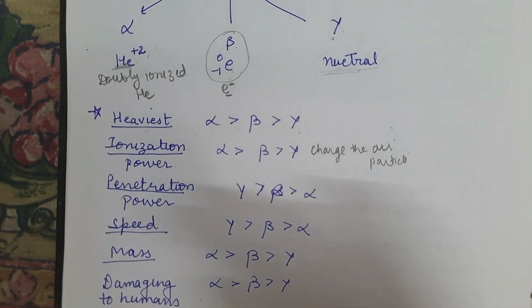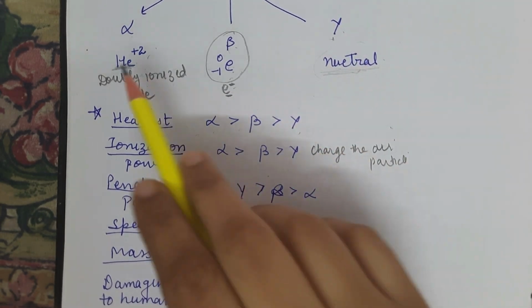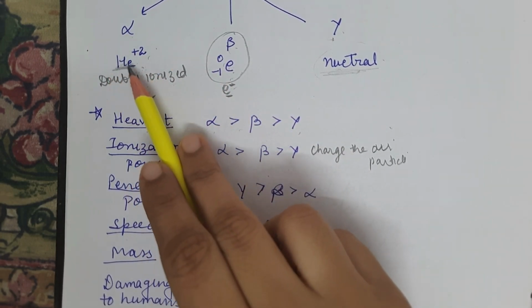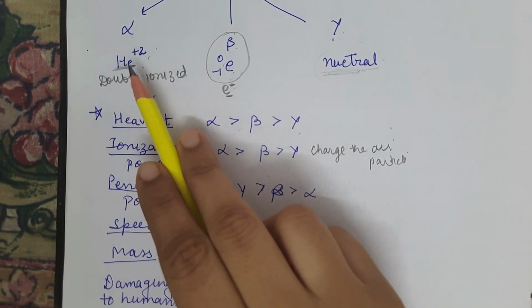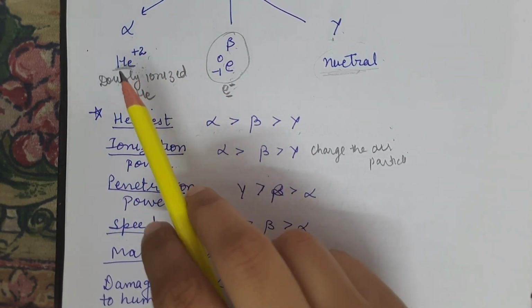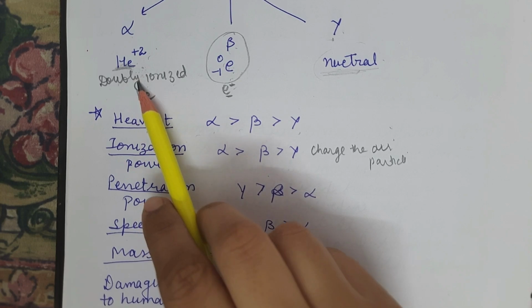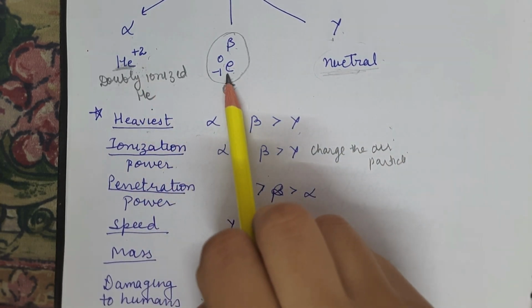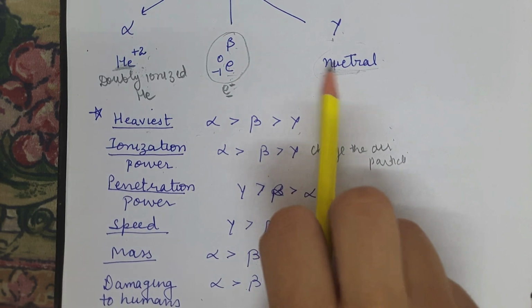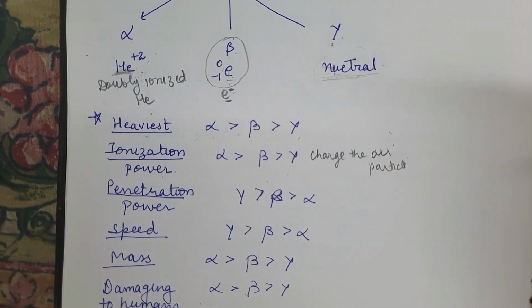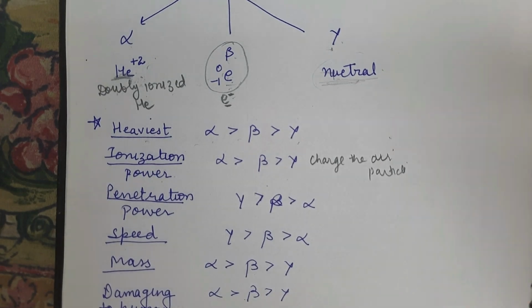Remember, a charged one can easily charge something else. This particle is carrying the most charge, so it will have the highest ability to ionize the other particles it passes. So first would be alpha, then second is electron, and gamma being neutral, it won't be able to ionize or convert something into charge because it itself is neutral.